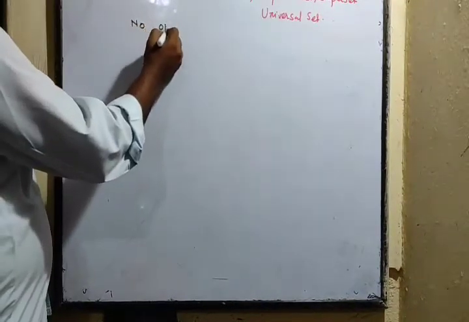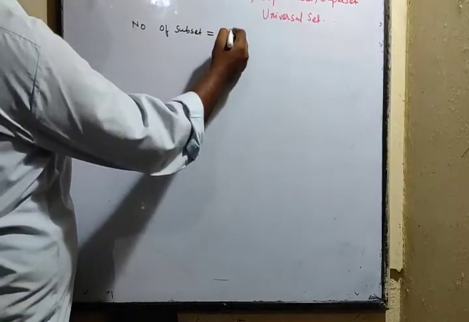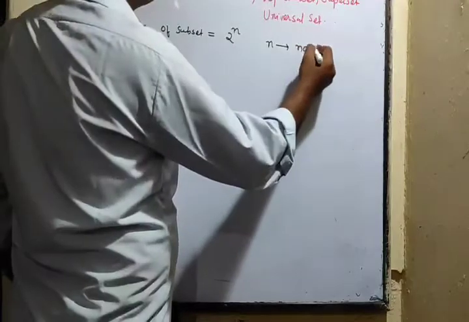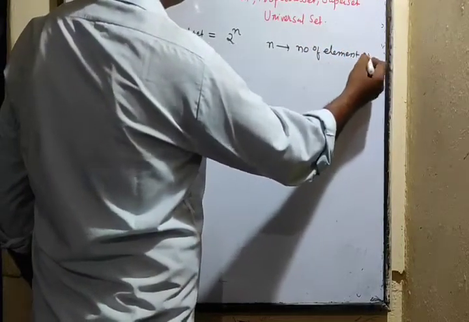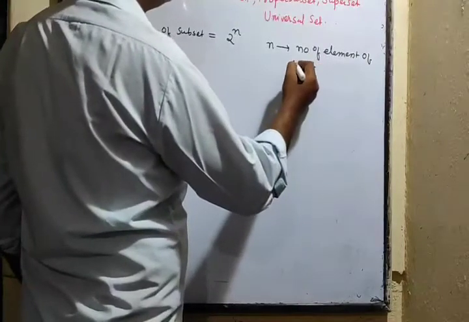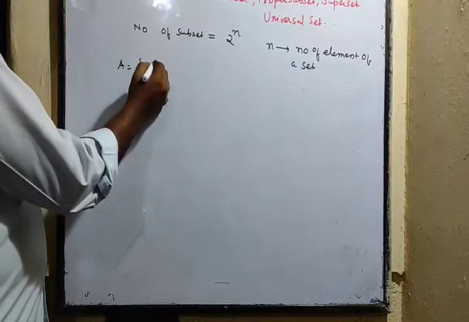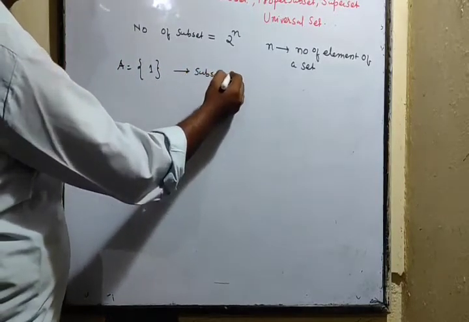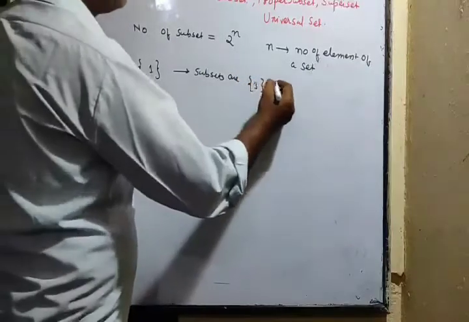Now see number of subsets. For that mathematicians have given the formula 2 to the power n, where n represents the number of elements of a set. Like if A is given 1, so its subsets are 1 itself and an empty set.